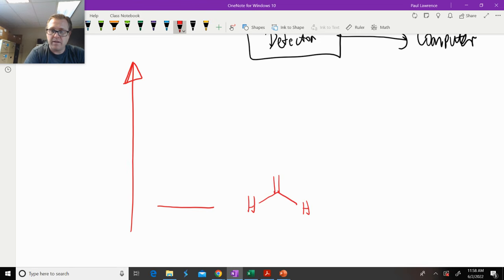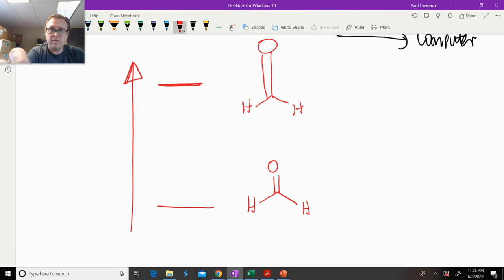Here's formaldehyde. Okay. But then formaldehyde could have a different vibrational mode, higher in energy, that looks like this. Do you see how I stretched? That needs to stay about the same size. See how I've just stretched the carbon-oxygen bond? Well, that's a different vibrational mode. Okay.